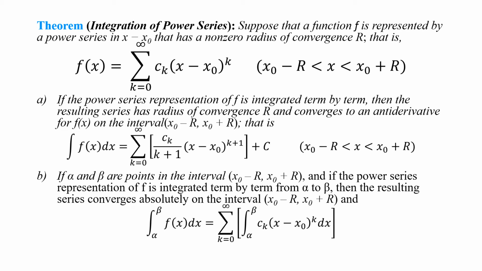If alpha and beta are points in the interval x sub 0 minus r to x sub 0 plus r, and if the power series representation of the function is integrated term by term from alpha to beta, then the resulting series converges absolutely, and the integral of f of x dx from alpha to beta is equal to the summation of the integral of c sub k times the quantity x minus x sub 0 raised to k dx from alpha to beta, k equals 0 to infinity.